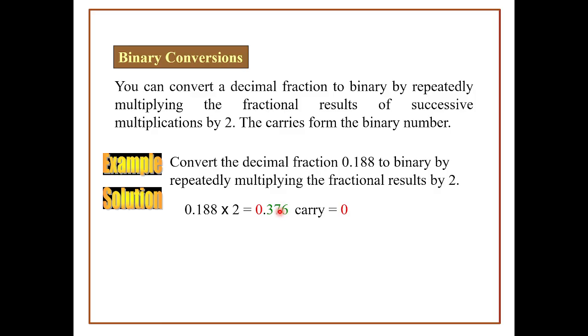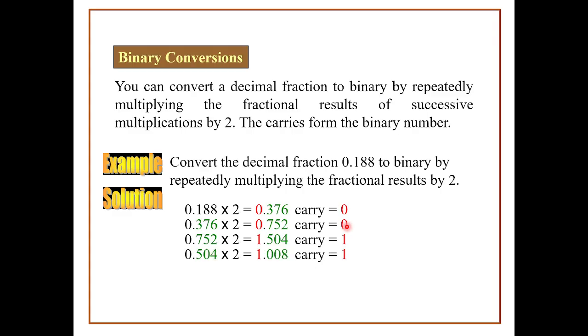It's less than 1, so we just carry 0. 0.376 multiplied by 2, still less than 1, so we put 0. 0.52 multiplied by 2, we get 1.501, so we carry more than 1, so we put 1.